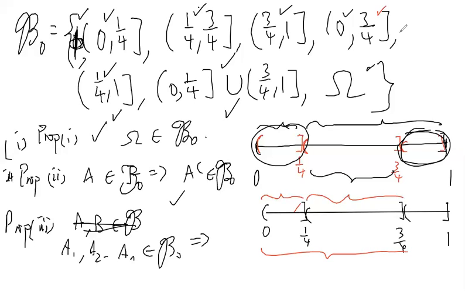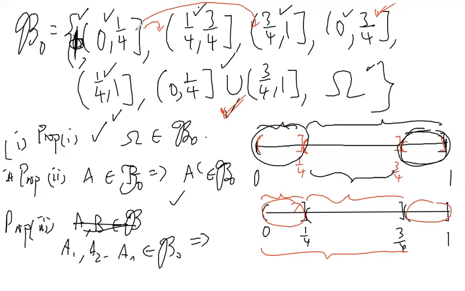If you take 0 to 1/4 and union this, you will get this guy. So this guy, you union this guy, so you will get this guy.